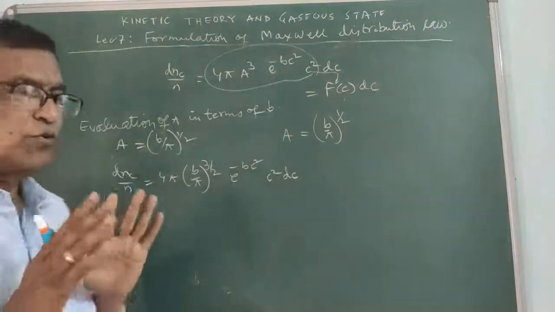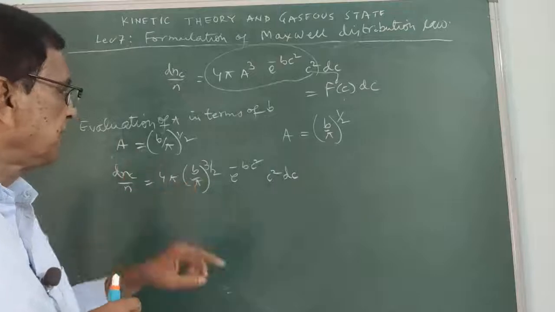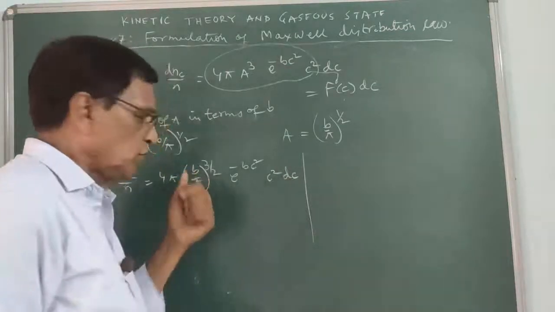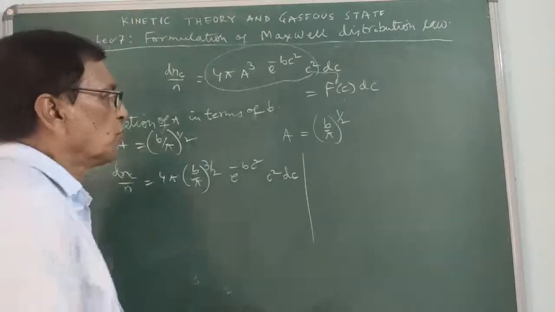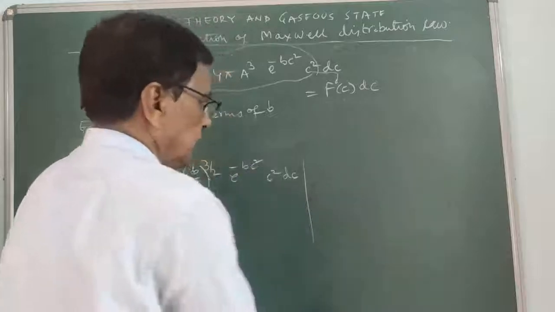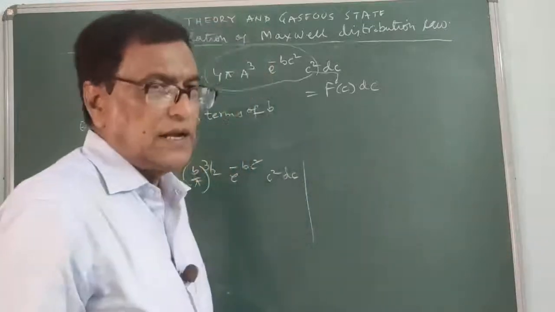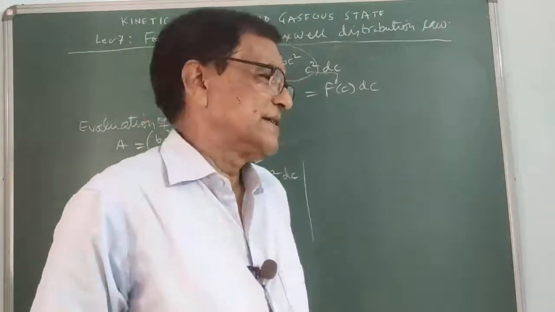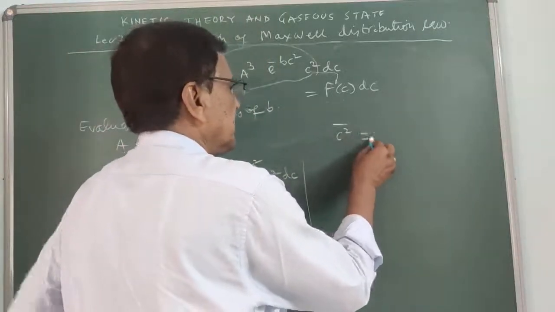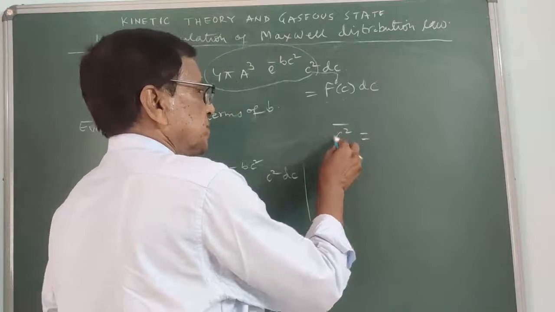Now our only remaining task is to find the value of b, and for getting this value of b, we shall have to borrow one piece of data from the kinetic theory of gas, and this one is c square bar, the mean square speed.